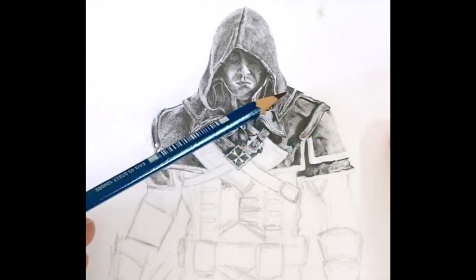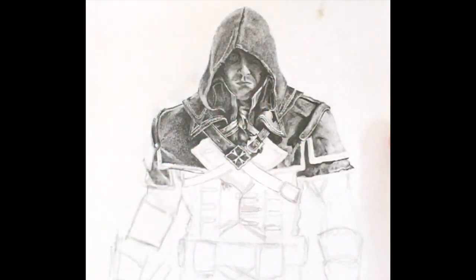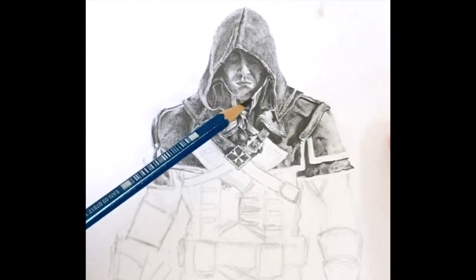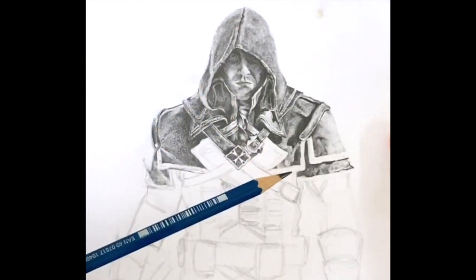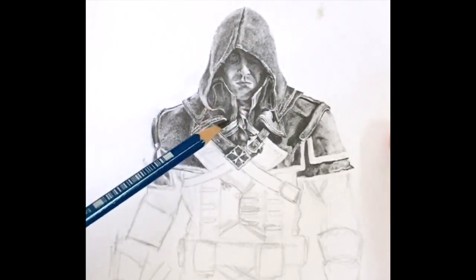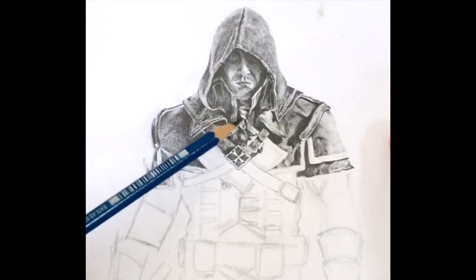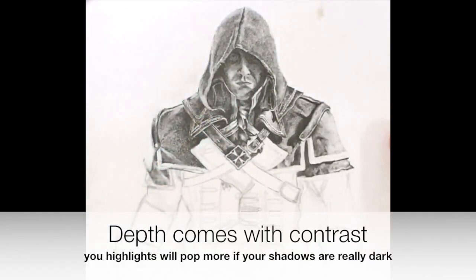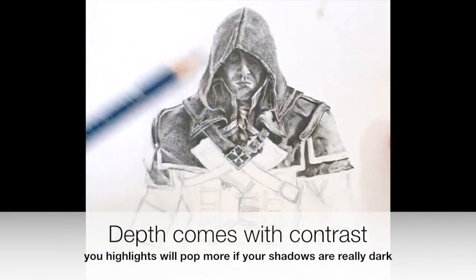For the brighter halftones I used an H. The highlights I simply leave alone, the paper is white enough for me. But even so, there are not really many highlights. This part here is still not done, and I think this part of his collar is pretty much the brightest part. Maybe this one as well.